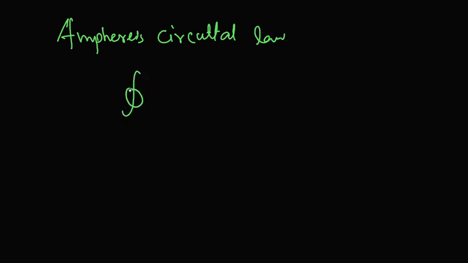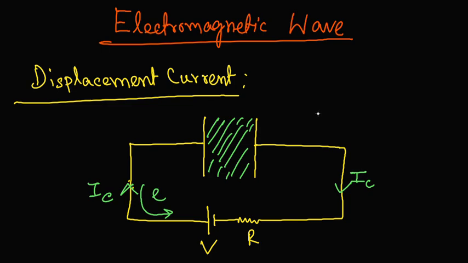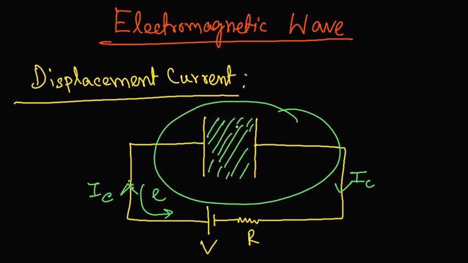For a closed loop, the integration of B dot dl equals mu naught IC, where IC is the conduction current. But for this capacitor zone, there is no IC, but there is a magnetic field, and it is violating Ampere's circuital law.